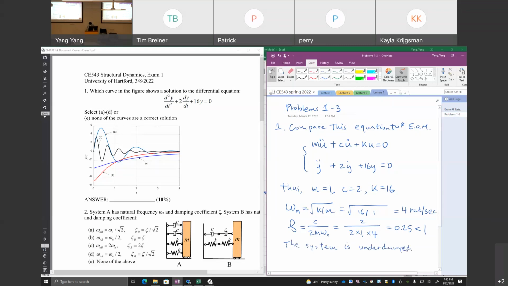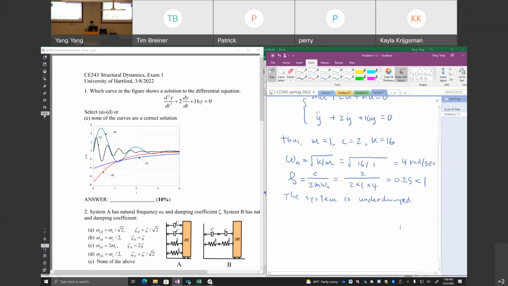So in this case, we have A, B, C, D, 4 curves. This is underdamped free vibration, and this is underdamped free vibration. So which curve illustrates the response of the system?